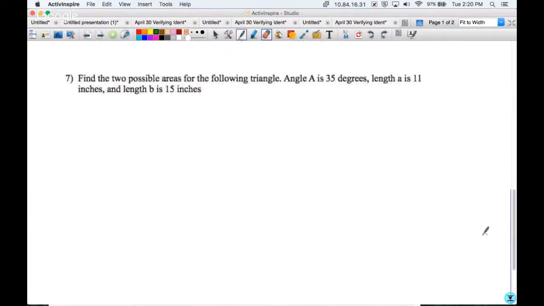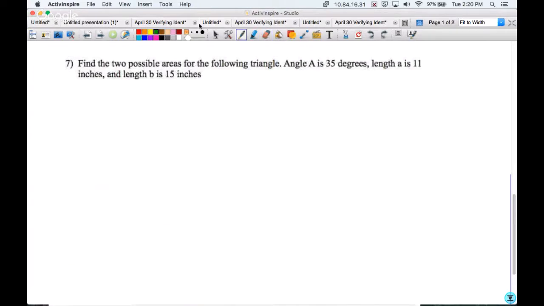All right, number 7, though, forces us to deal with both of the cases in the ambiguous case. And so this is just all about drawing good triangles. We'll start with side length B. Side length B is 15. I'm just going to draw a generic 15.